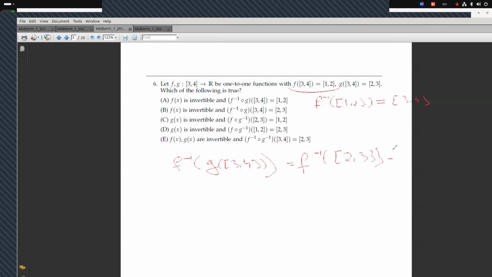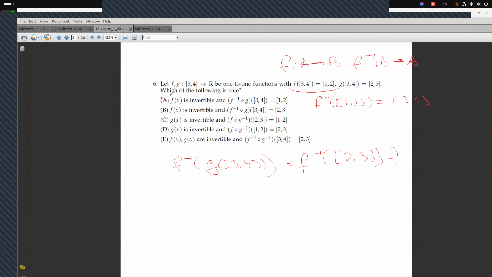This we don't know, because when function f is from 3, 4 to 1/2, the inverse goes the other way: if function f is from A to B, the inverse function goes from B to A. So F minus 1 at 2/3, we don't know. F minus 1 at 1/2 is 3, 4.